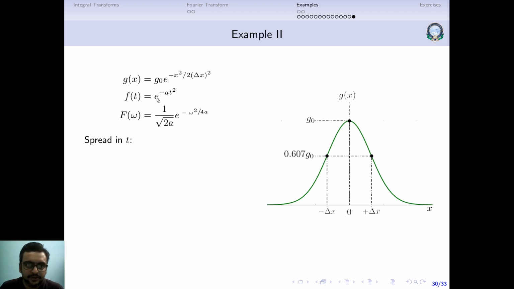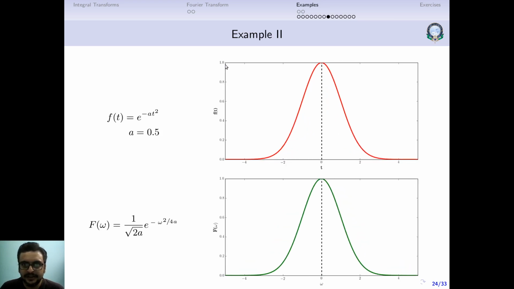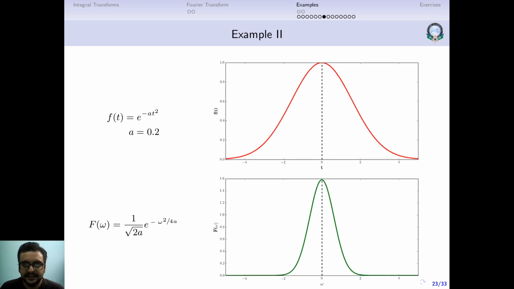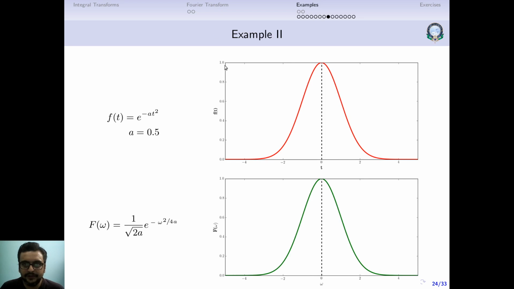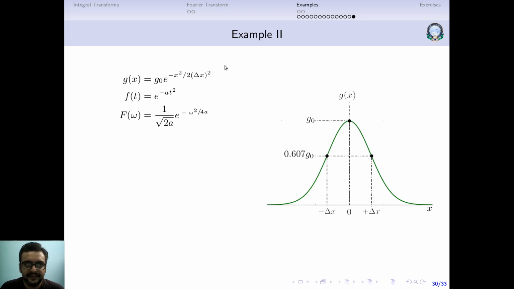When you compare this, what is the maximum value of the original function? You can verify that in all the cases the maximum value is always 1. It never increases more than 1, it never decreases. So g naught is 1, and we have e to the power minus a t square. t is a variable here, so t performs the same function as x.